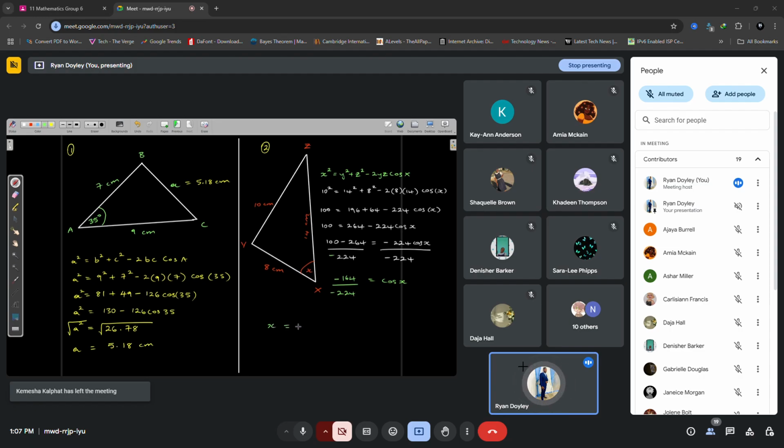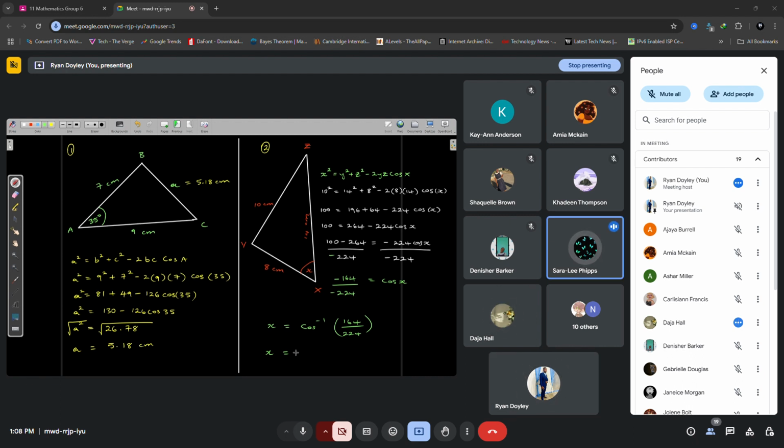So x would be equal to the cos inverse of 164 over 224. And what do we get when we evaluate that? 42.9 degrees.